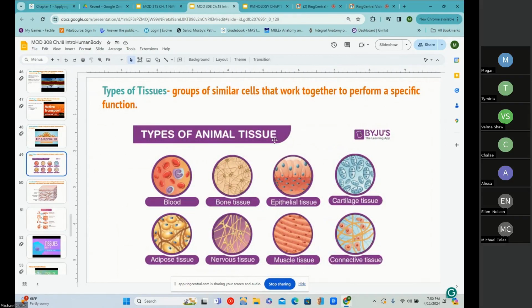All right, types of tissue. We got blood tissue, we got bone tissue, we got epithelial, we got cartilage, right? We got connective tissue, muscles, nervous, and adipose fat. So the main thing that we're working with when you're touching somebody, you're touching the skin, which is connected to the connective tissue, right?